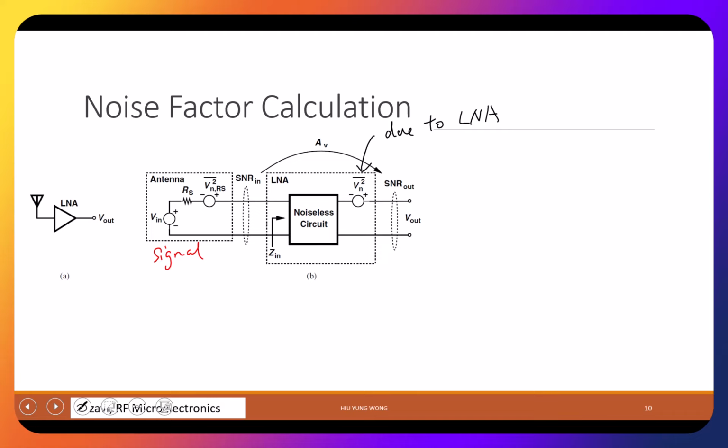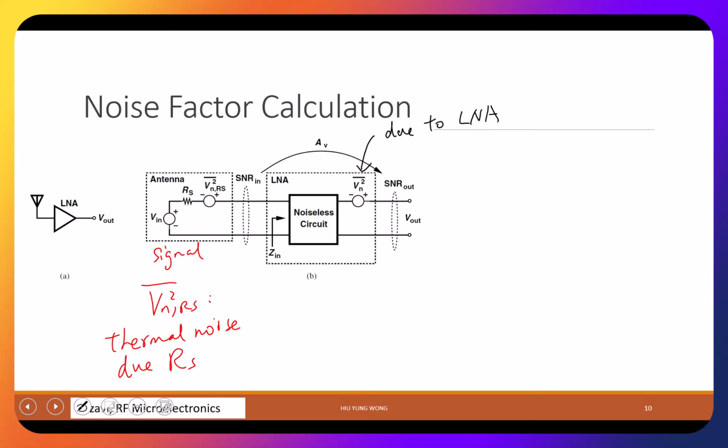Not from the signal, but together with the signal. So this is Vn square Rs, the thermal noise due to Rs, the output impedance.